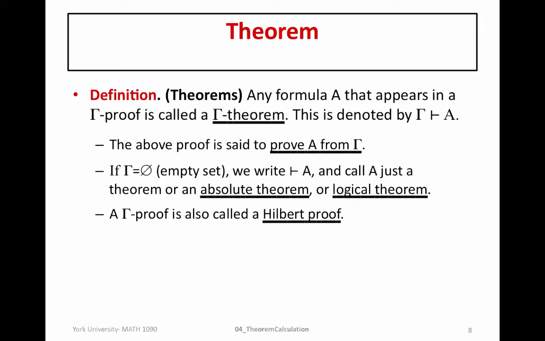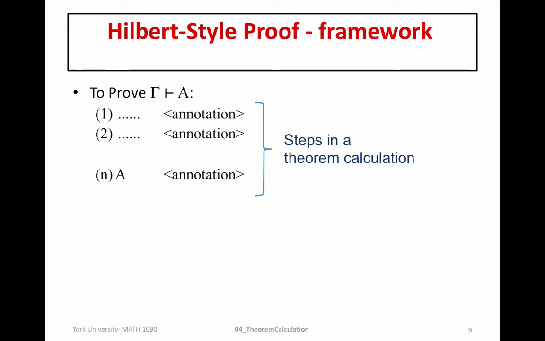Okay, so let's look at a particular example of a theorem calculation provided by Hilbert. We are going to write Hilbert-style proofs following this particular framework. When you're asked to prove gamma proves A, you're asked to write the theorem calculation for A in the following way. We're going to number each well-formed formula in our theorem calculation.